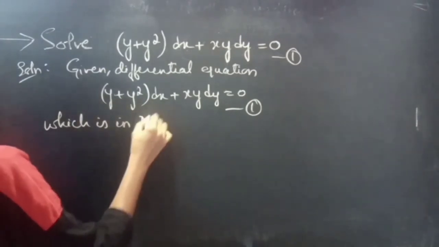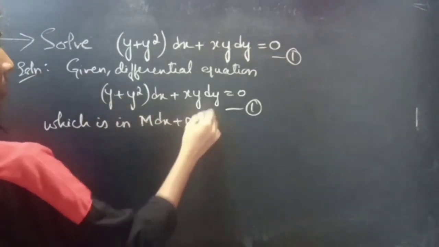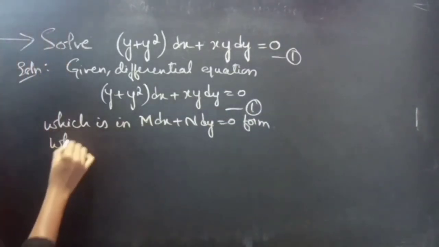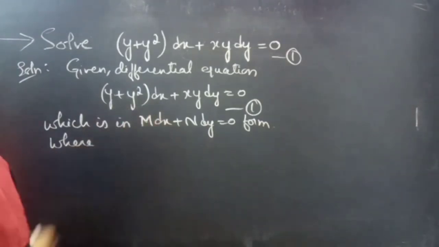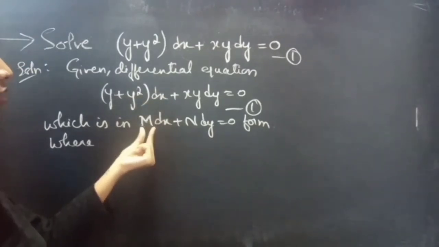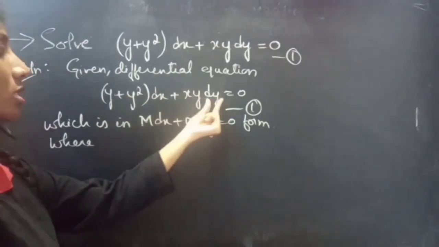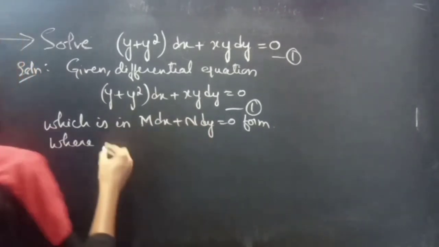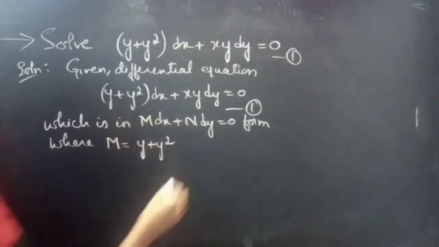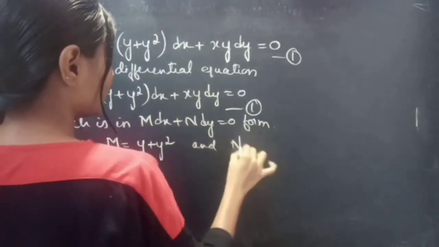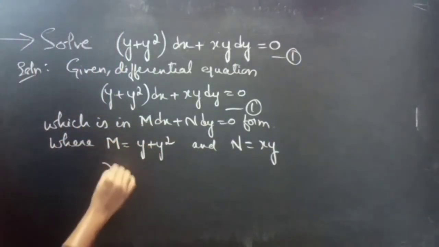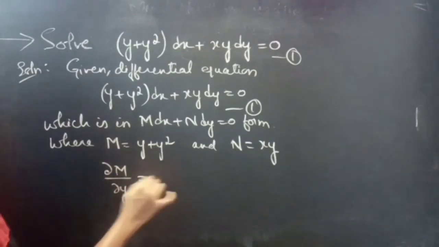By comparing these two we'll get M and N. The coefficient of differential dx is your M, and the coefficient of differential dy is your N, where M = y + y² and N = xy.